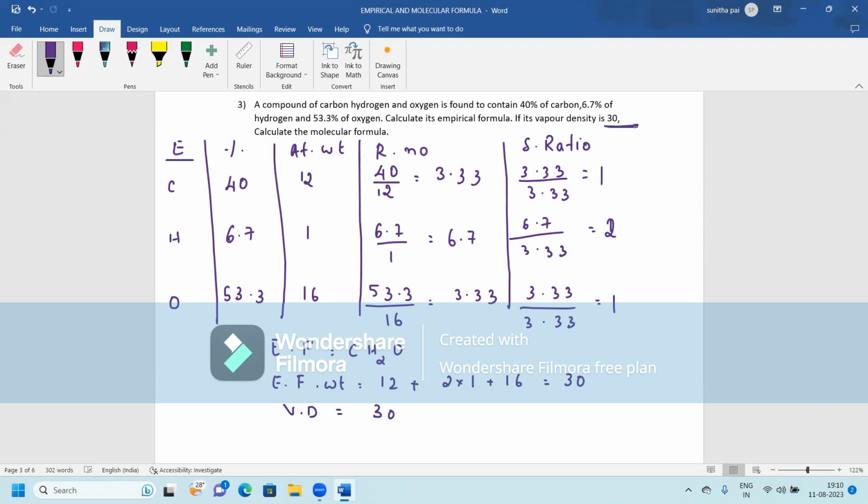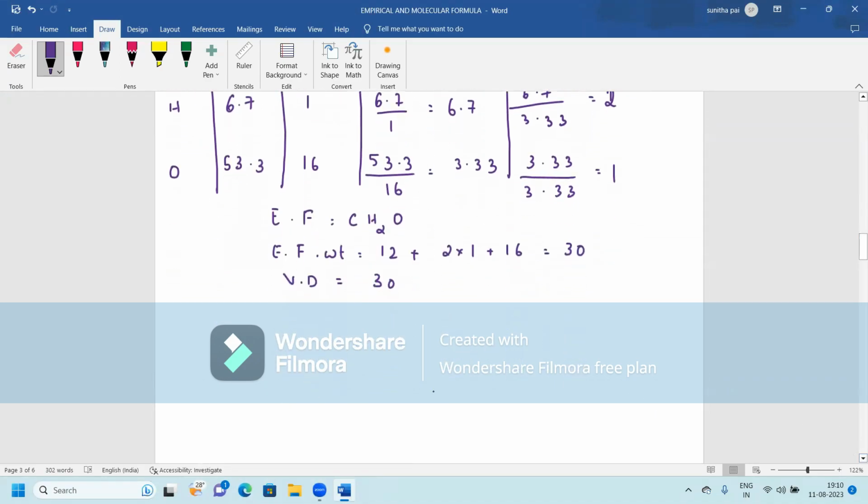Vapor density is given to us in the question. Vapor density is 30. Now, twice the vapor density is the molecular weight. So molecular weight is 2 into 30, 60. What was the formula to calculate N?